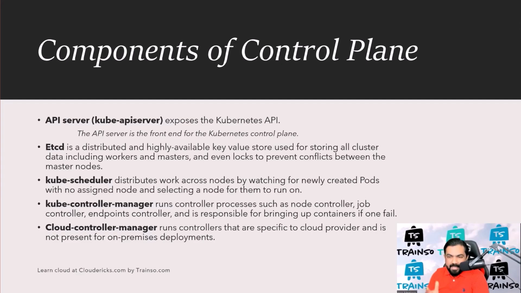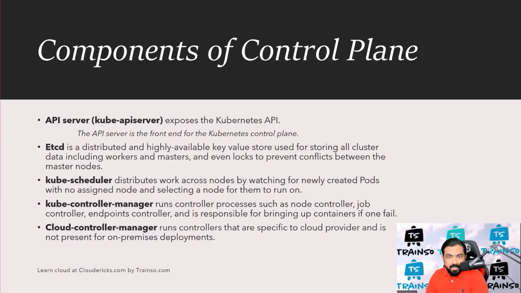Even though you will not need to understand all these components initially, it is always better to have these terms in your mind so that when you see these things in logs or other places, you won't be confused. etcd, which is a distributed and highly available key value store used for storing all cluster data, including workers and masters, and even logs, to prevent conflicts between the master nodes.